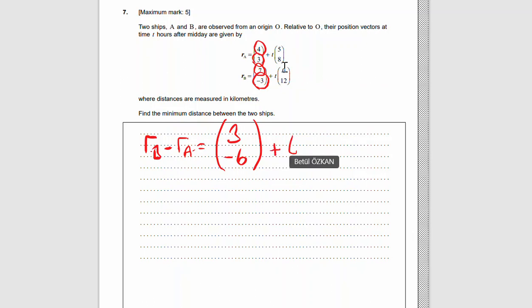Plus, for the second part, t are given for these two vectors, and then we will continue with the same thing. 0 minus 5, which is minus 5, then 12 minus 8, which is 4 as a result. So if you want to write this equation, for the first part, we can just write 3 plus minus 5t, which represents 3 minus 5t, and then minus 6 plus 4t.